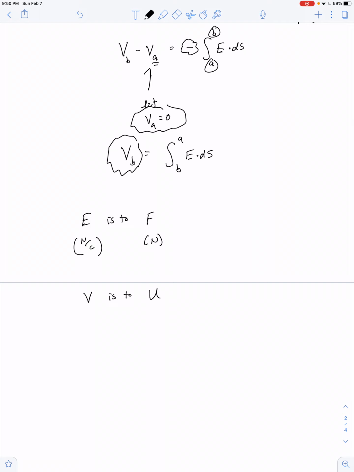For sure, electric potential energy, like any form of energy, must be measured in joules. Electric potential isn't quite joules, it's joules per coulomb. Yeah, so just as electric field in newtons per coulomb is to force in newtons, electric potential in joules per coulomb is to potential energy in joules.